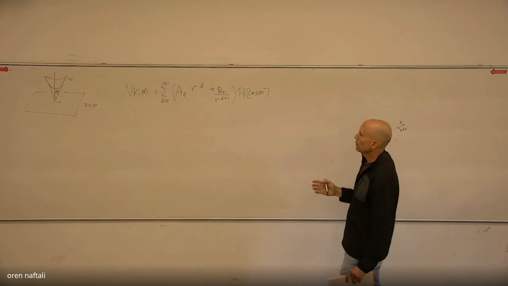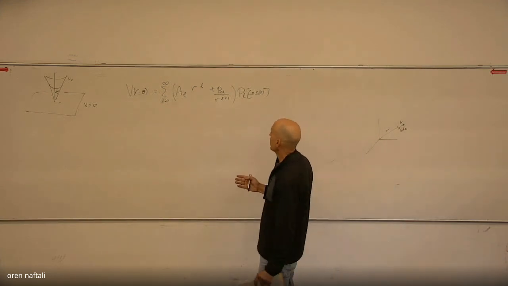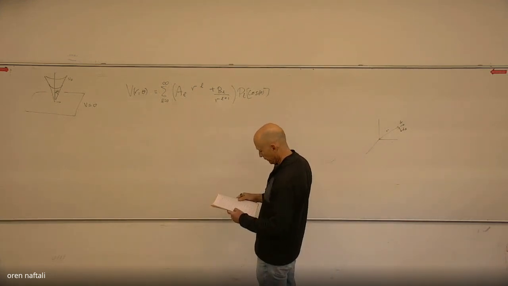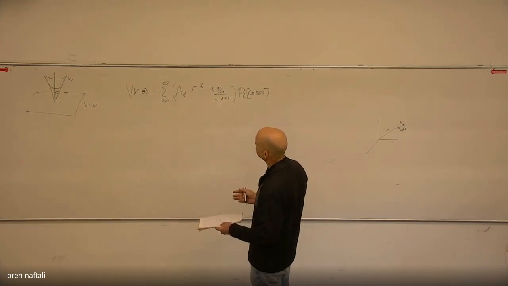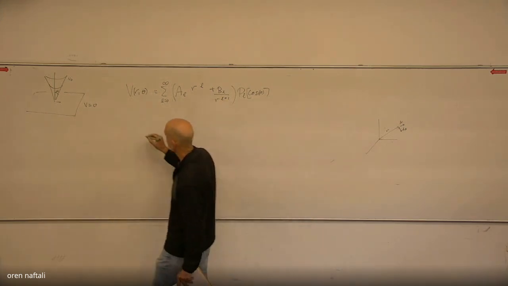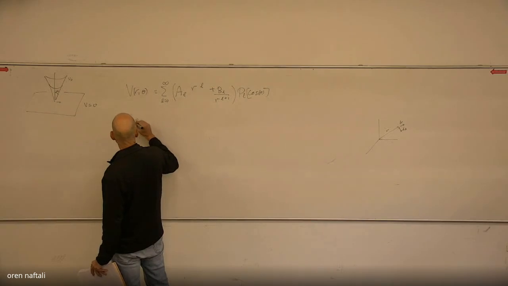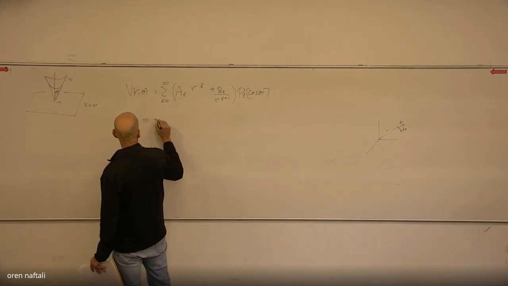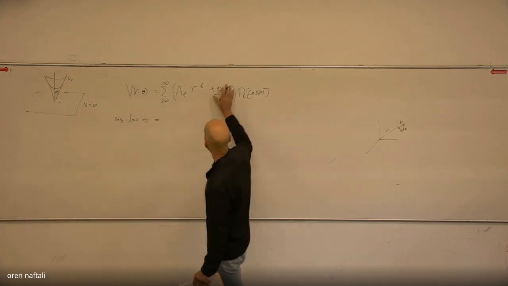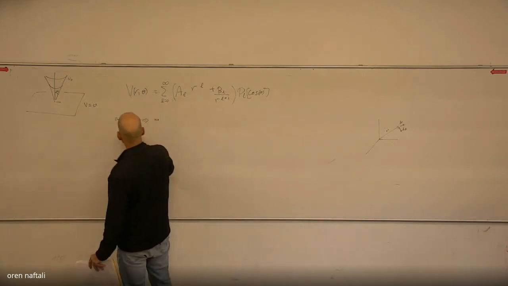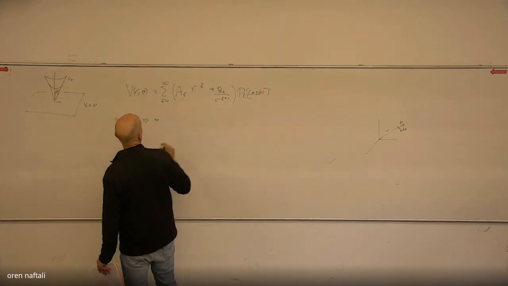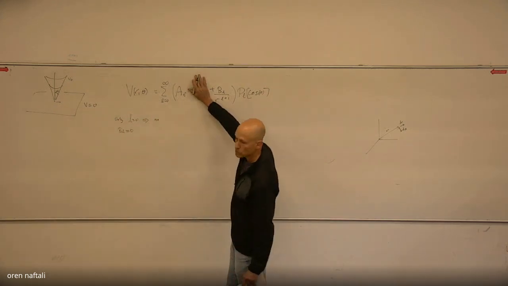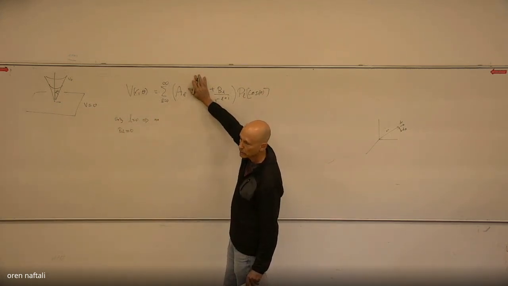So what does it mean? It could mean only L equals 0, but this is non-physical. If only L equals 0 and BL is equal to 0, then this one is not diverging, it's okay, it's a constant.